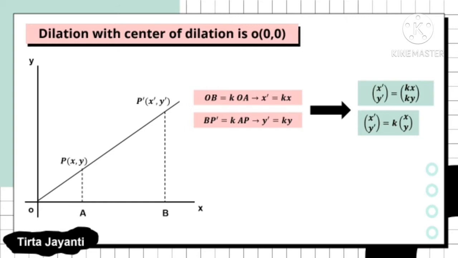Then we can factor out the k, so the matrix (x prime, y prime) equals k times the matrix (x, y). In the form of a transformation matrix, we can write the matrix (x prime, y prime) as equal to the matrix (k, 0; 0, k) times the matrix (x, y).